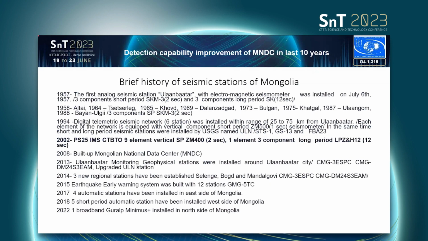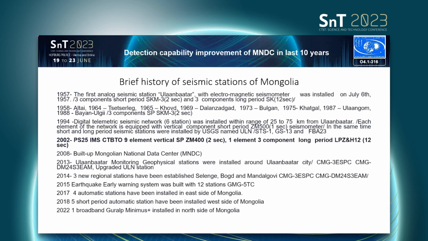The first Mongolian station was built in 1957, a paper-based Russian station installed at that time. Also in 1957, a very big earthquake occurred in the Altai mountains.